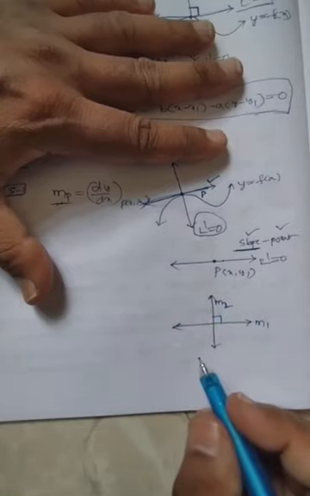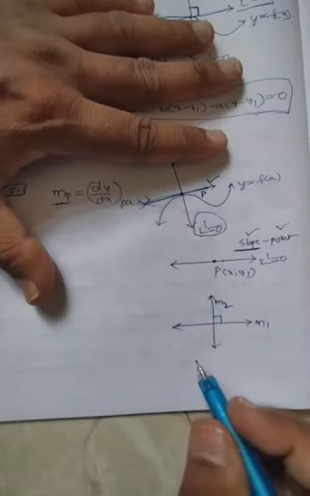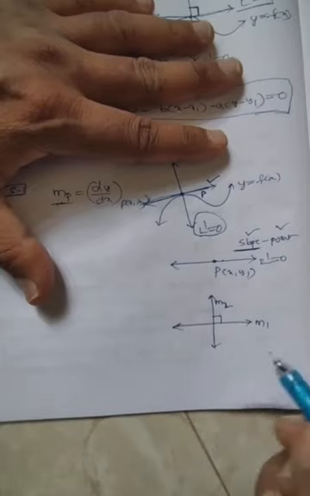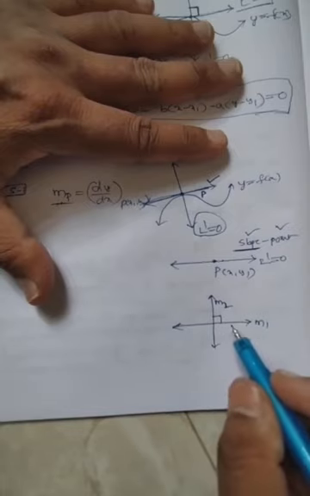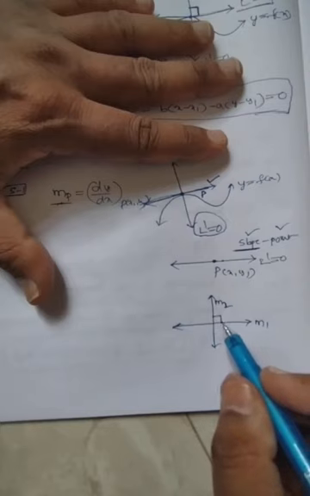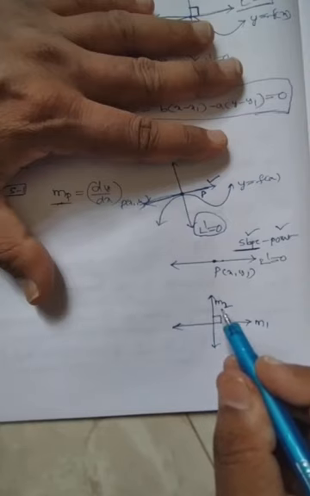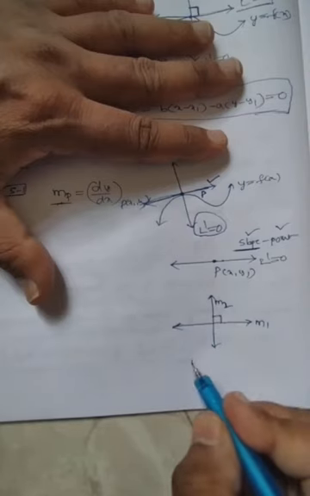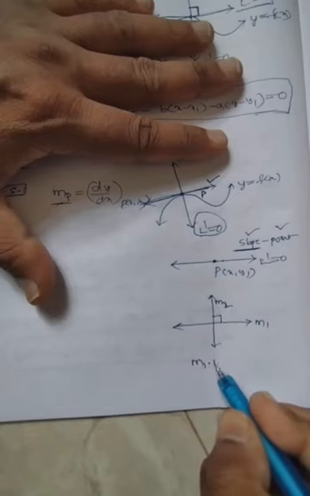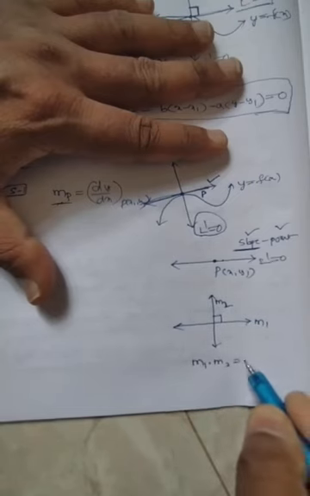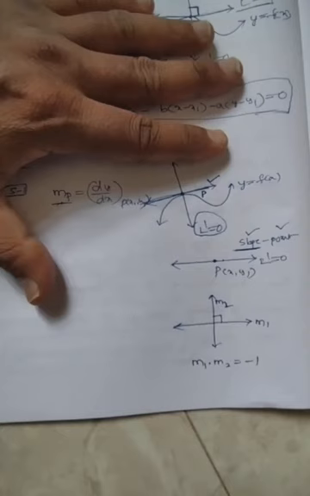In our 9th and 10th classes, we learnt that whenever two lines are perpendicular, the product of their slopes must be equal to -1.